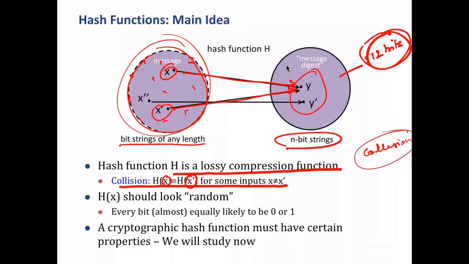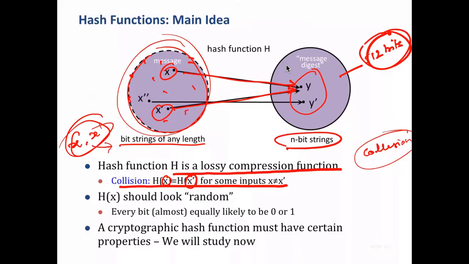But the challenge now is to design the hash function in such a way that it's very difficult to find a collision. It's very difficult to find x and x' that both map to the same value. So this pair is extremely difficult to find, which may result in a collision.